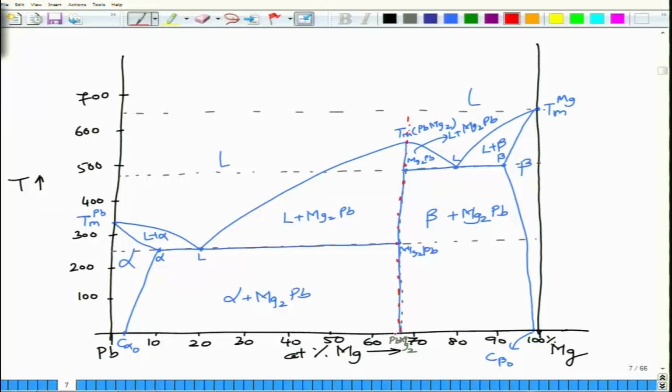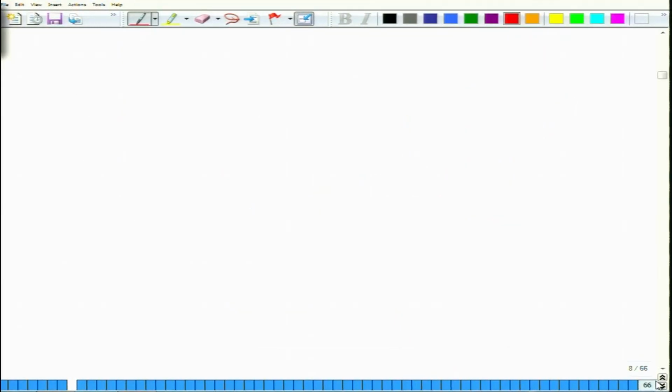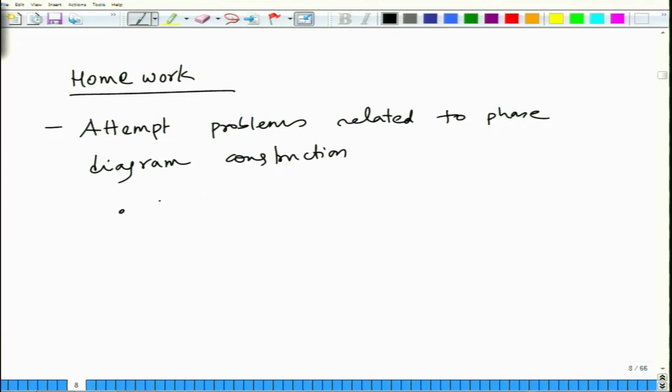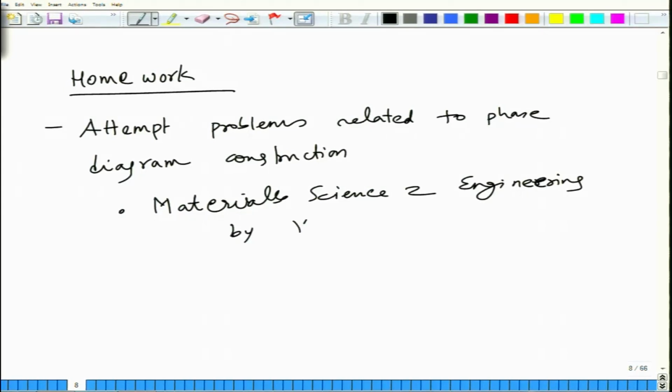Okay. So I would suggest you to do some homework problems along similar lines. So your homework could be to attempt problems related to phase diagram construction, and one of the books I can recommend is Material Science and Engineering by V. Raghavan, and in that there is a chapter on phase diagrams.